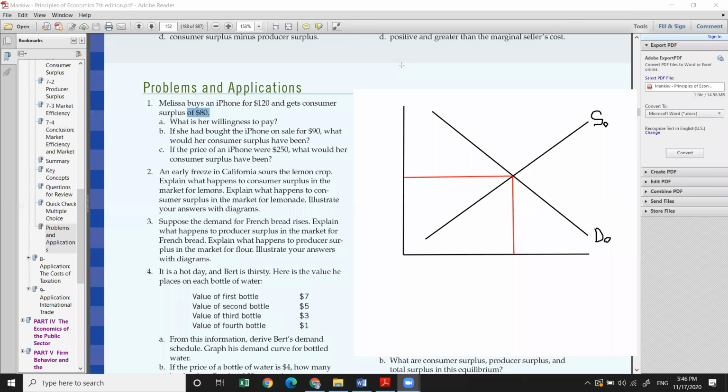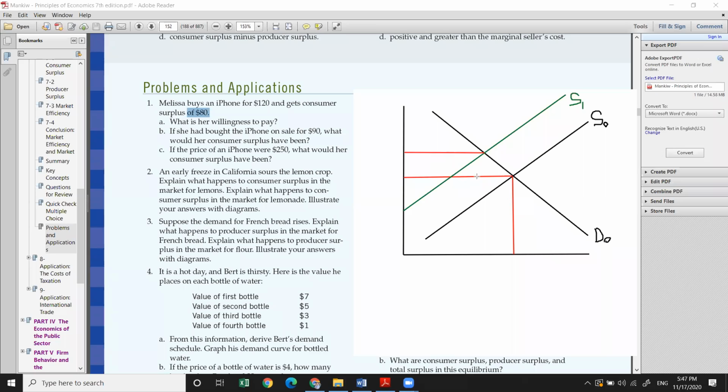Okay, let me draw it with a different line. It will shift to the left because supply will be reduced, from S0 to S1. This is the shift that will take place. However, there will be a new equilibrium, which is this equilibrium price.